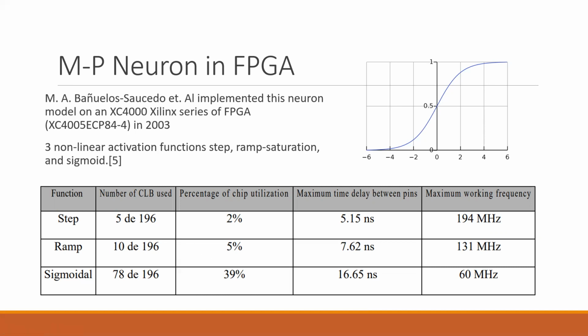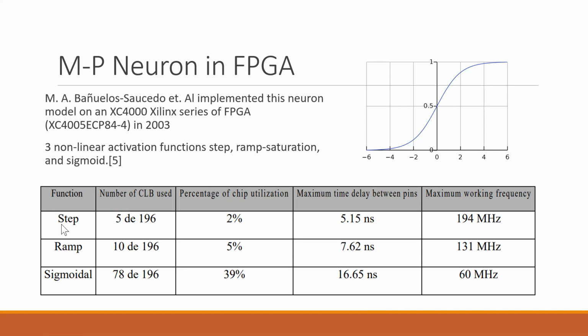So what they were doing here is trying to test three different activation functions and their impact on an FPGA, to see how much of a workload or performance impact it has. The three activation functions considered here were the step, ramp, and the sigmoidal activation function.